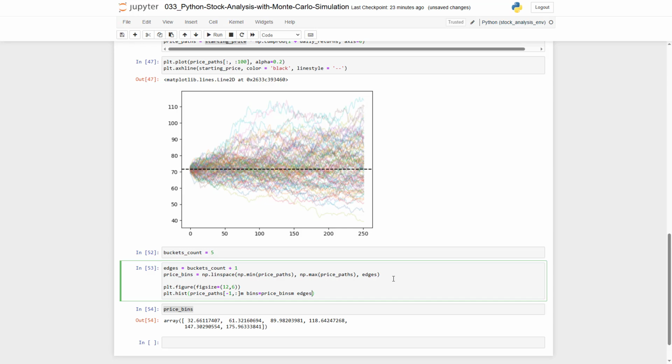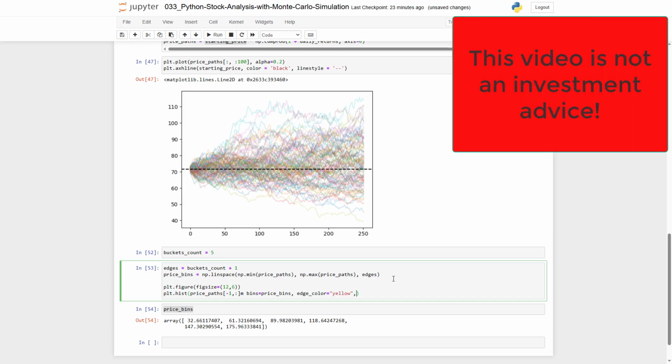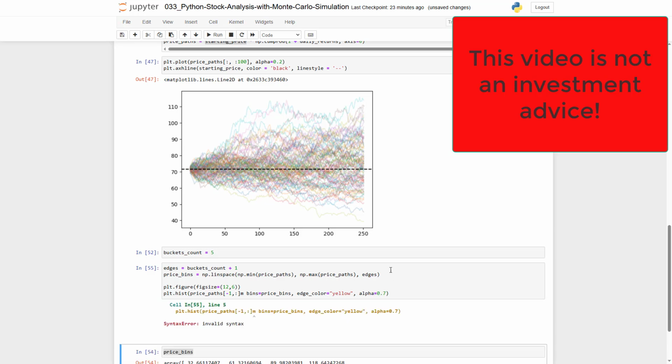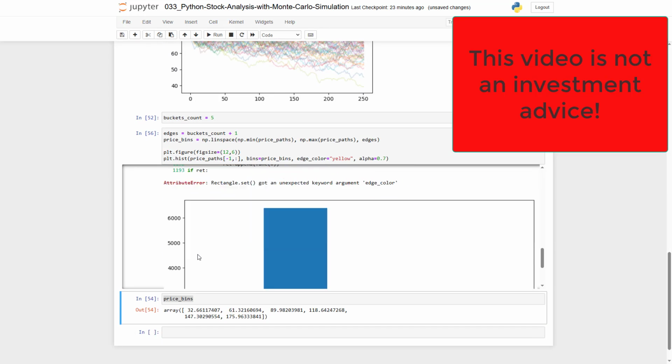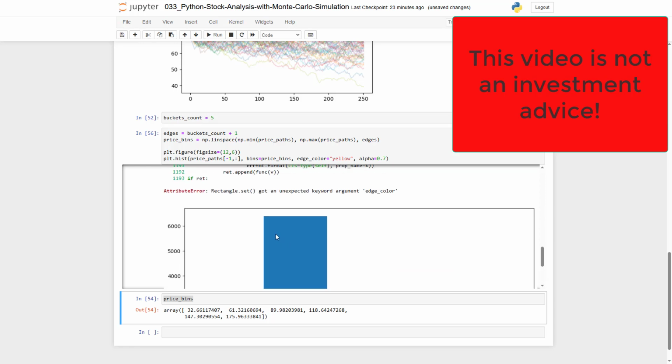Each color would be black or yellow. Let's try with yellow, and an alpha of 0.7. Fair enough. Okay, we have it.